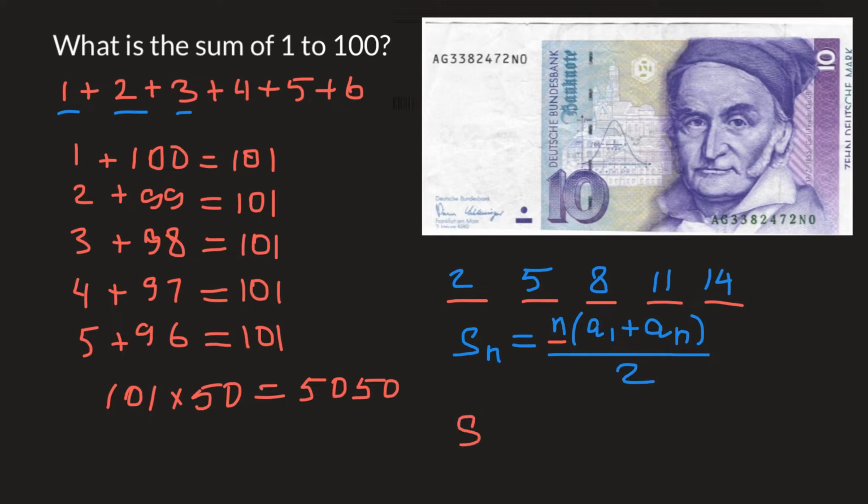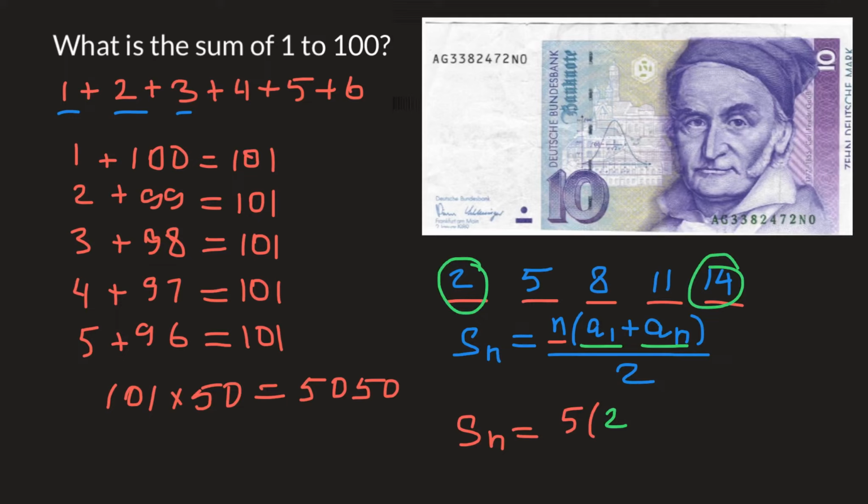So the sum of this progression would equal 5, and a1 is the first number. So we would have 2, and an would be the last number in the sequence.